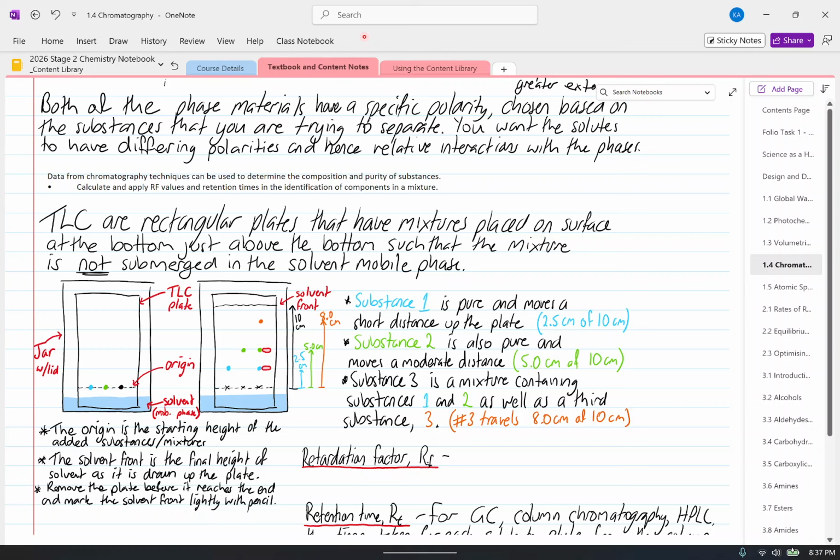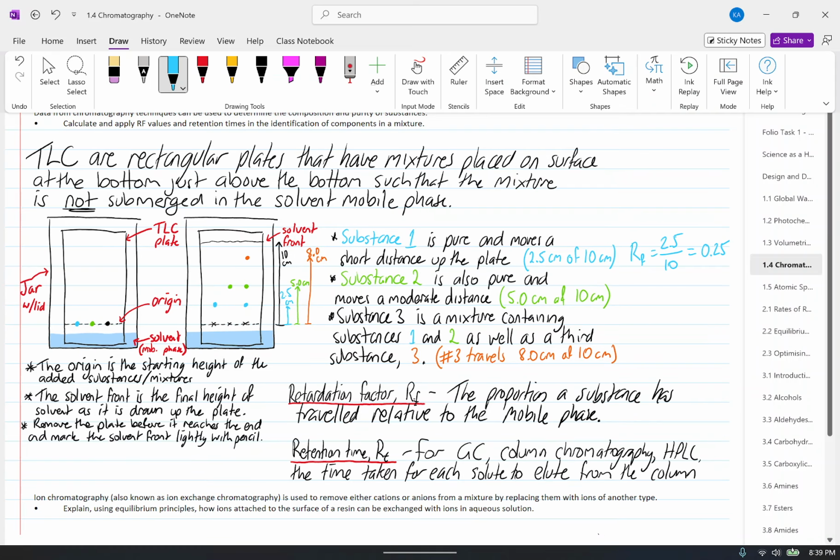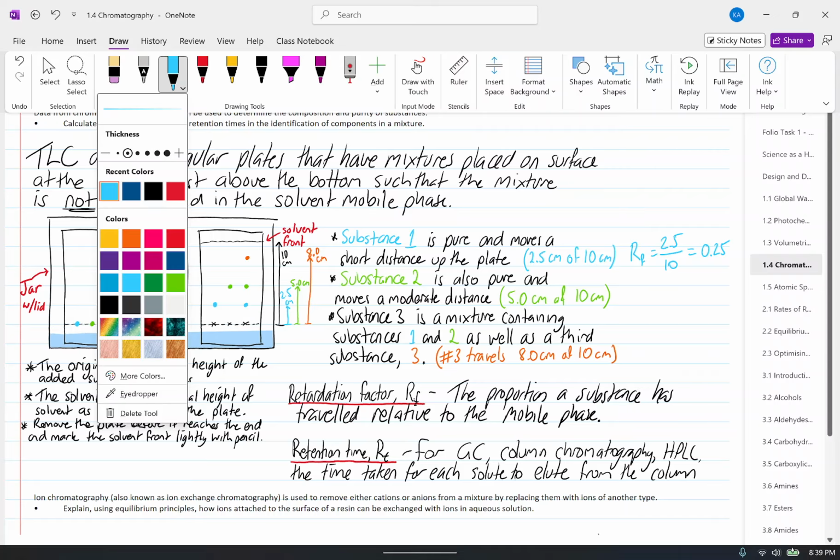Now similarly, again, I'll change the color just to match properly. Substance 2, its RF is equal to 5.0 out of 10, which is going to be 0.5. We'll just put a second significant figure on there just to be consistent. But that suggests that it's traveled half the distance of the solvent, which is the case. It's traveled 5 out of 10. And now we'll do the last substance, the orange one.